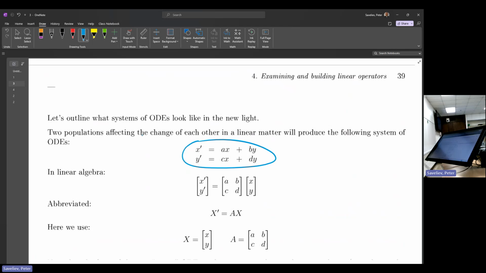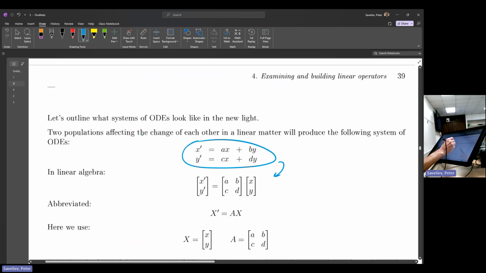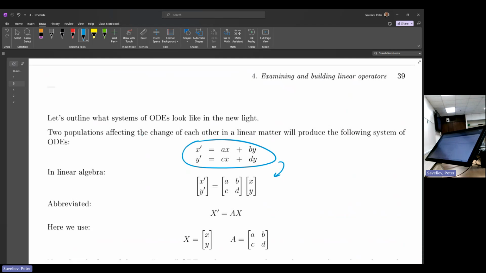Now what we have done is a different interpretation, a vector interpretation. So we split it vertically. My derivative is not the derivative of x and y separately, but rather the derivative of x and y combined into a vector. X, y is also combined into a vector, and the coefficients of my system, a, b, c, d, form my matrix.